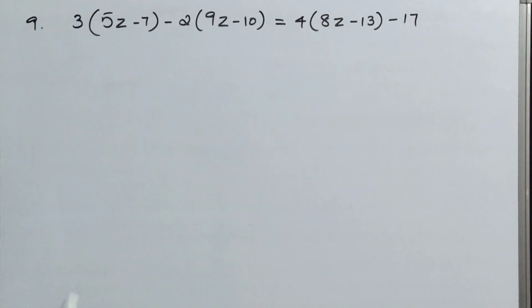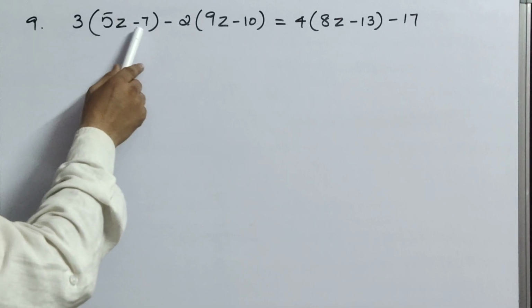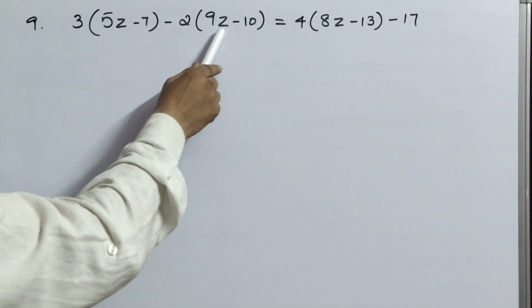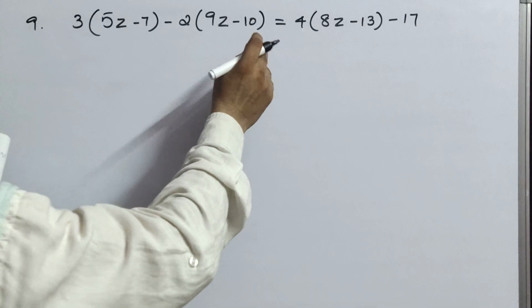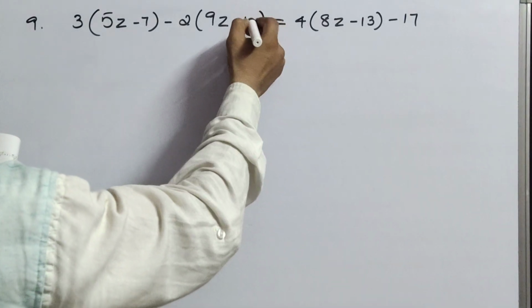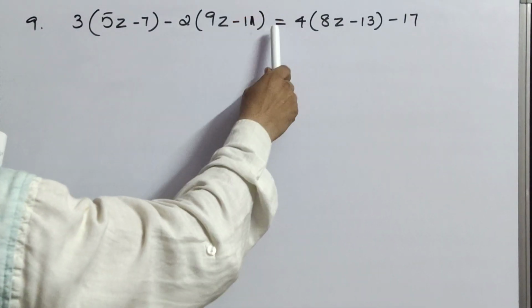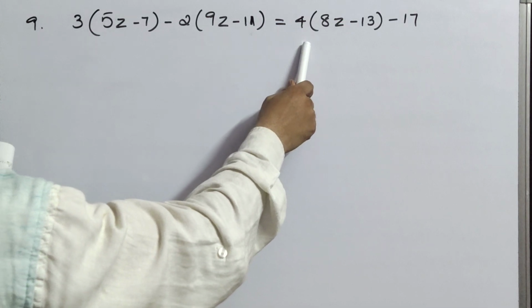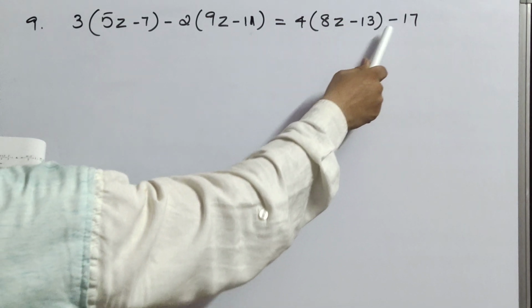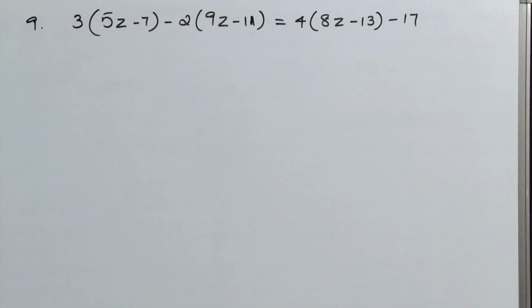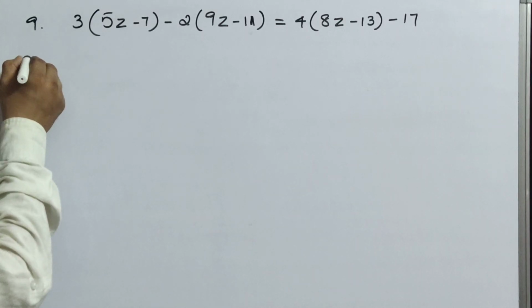Once again I am checking the question. 3 into 5z minus 7 minus 2 into 9z minus 11. See here, minus 11 here. Equals 4 into 8z minus 13 minus 17. Okay. Now, see the solution.